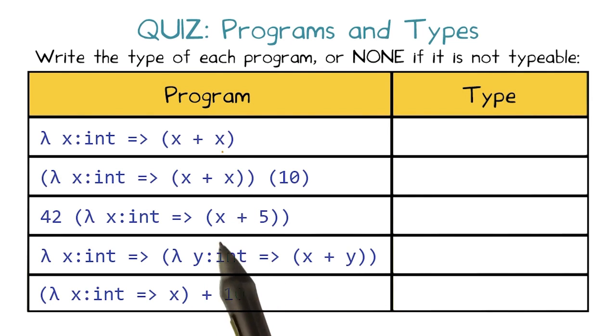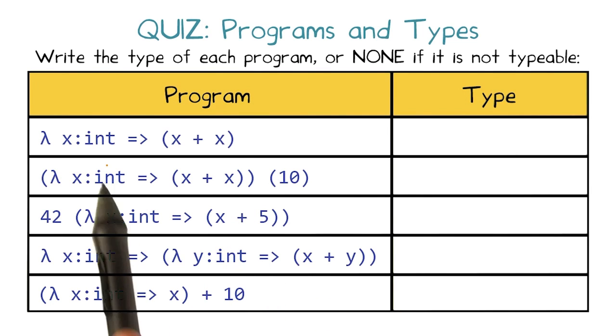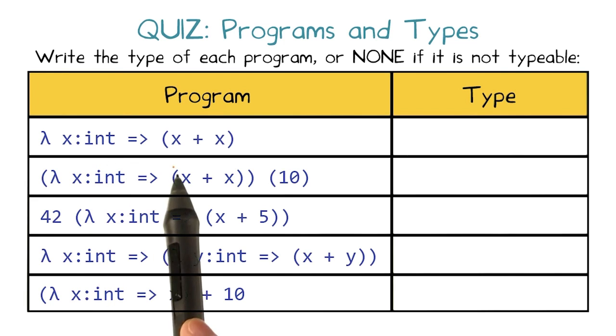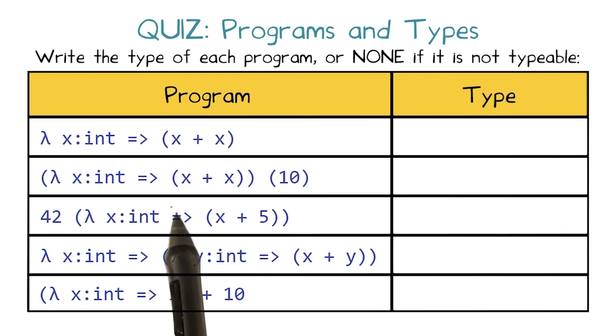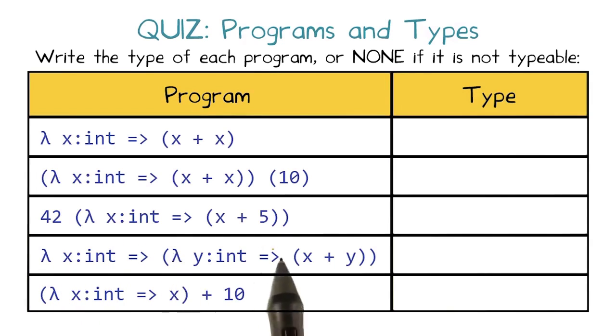Here we have listed 5 short programs. Lambda x of type int yielding x plus x, lambda x of type int yielding x plus x applied to 10, 42 applied to lambda x of type int yielding x plus 5, lambda x of type int yielding lambda y of type int, which in turn yields x plus y, lambda x of type int yielding x plus 10.